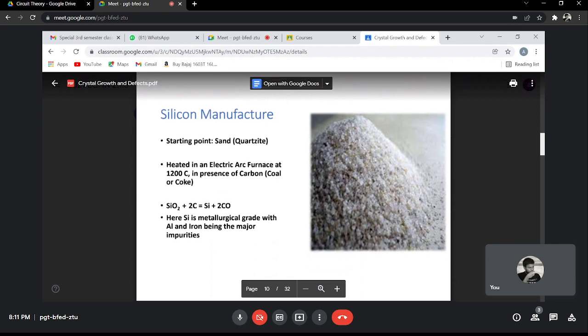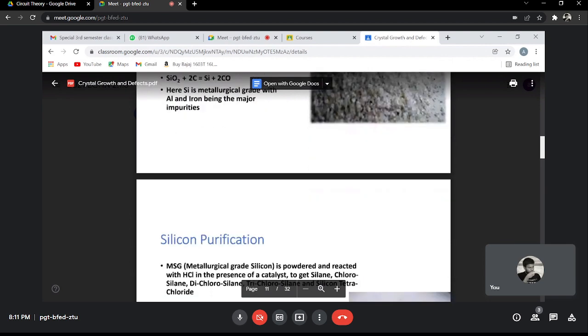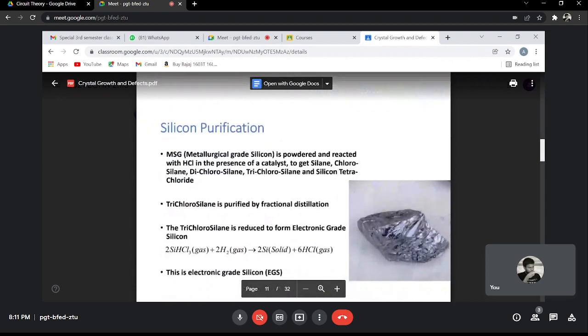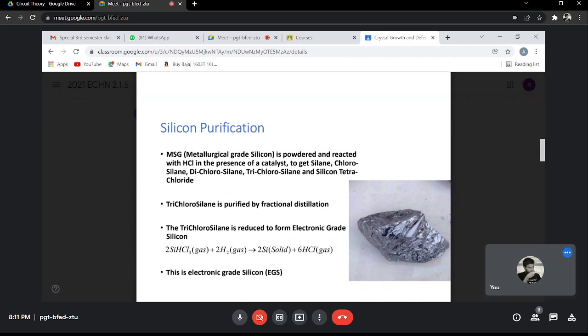So how do you purify this? The way to purify this is that you react this metallurgical grade silicon with HCl. And then you get these things. Can you see the names? Silane. Methane is what?